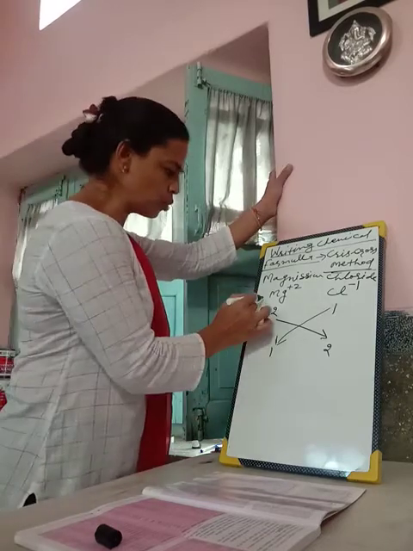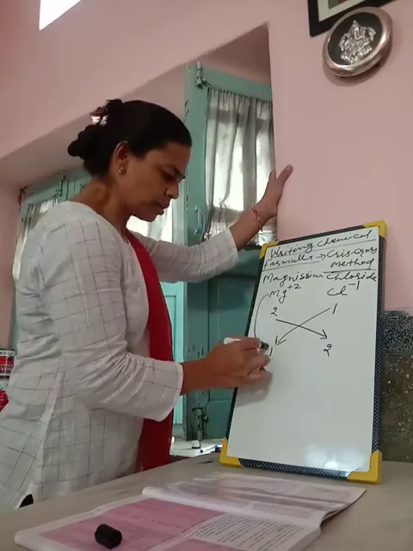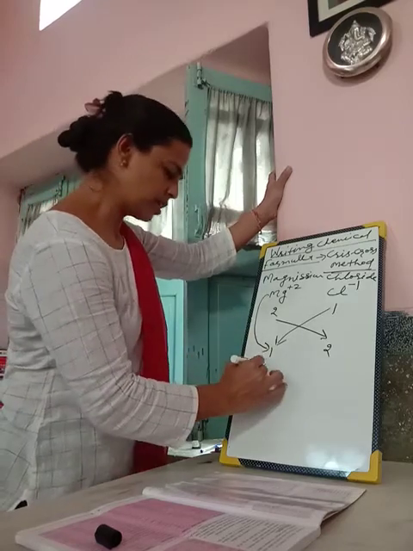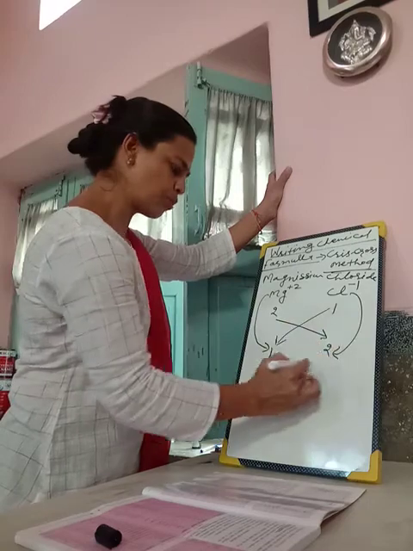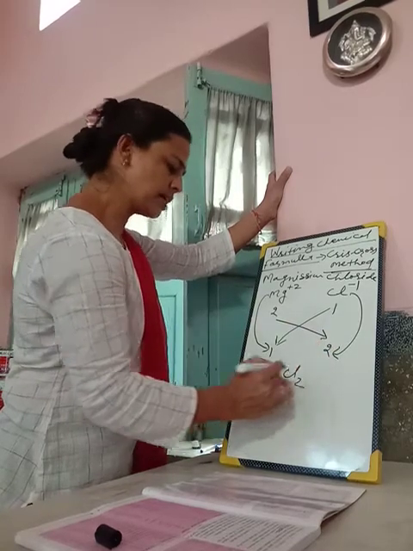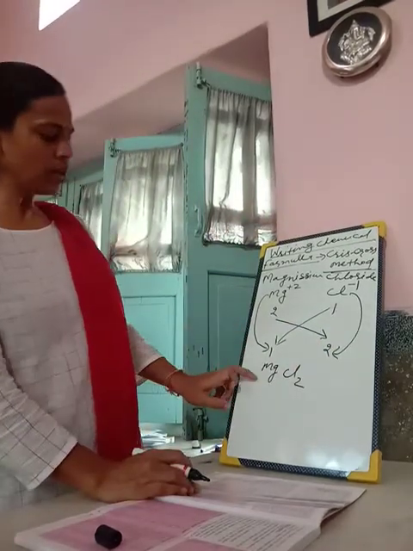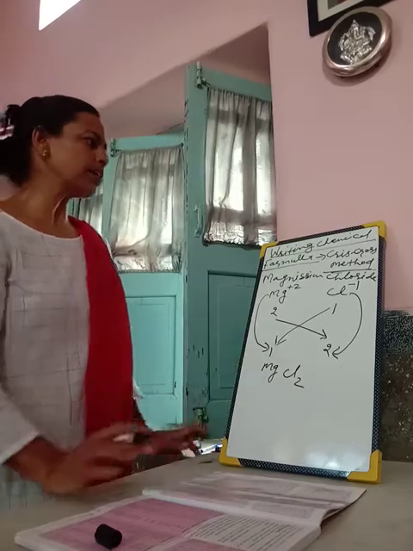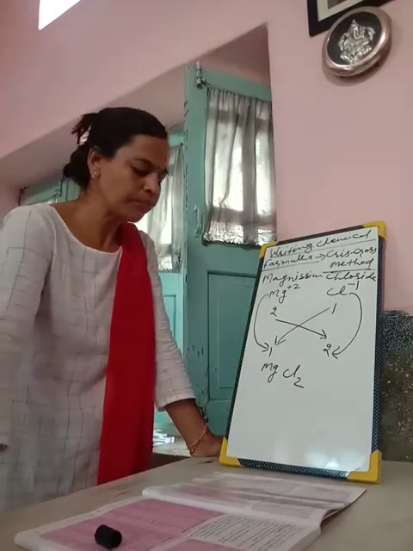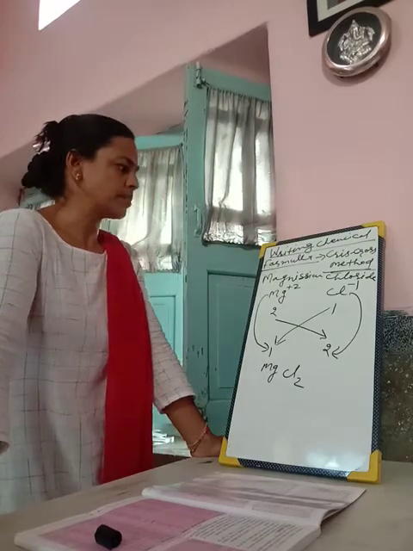Now put Mg as 1 and chlorine as 2. MgCl2. This is the formula.